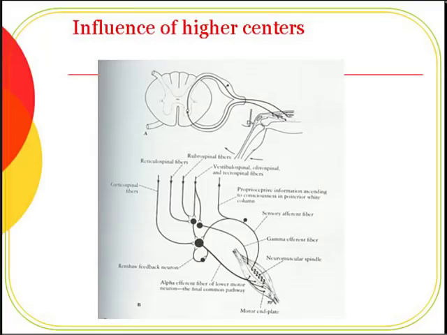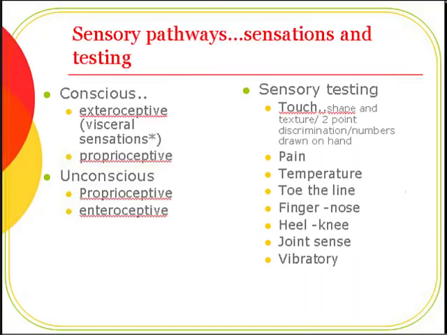Now we are going to look at tracts, and tracts are basically a collection of axons which have a common origin. They begin at one particular point, they have a common function, they all carry the same impulses, and they all terminate at the same point.